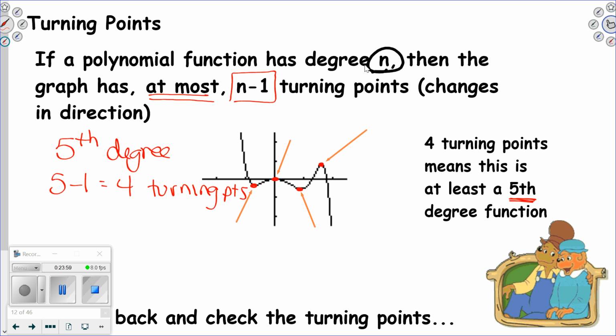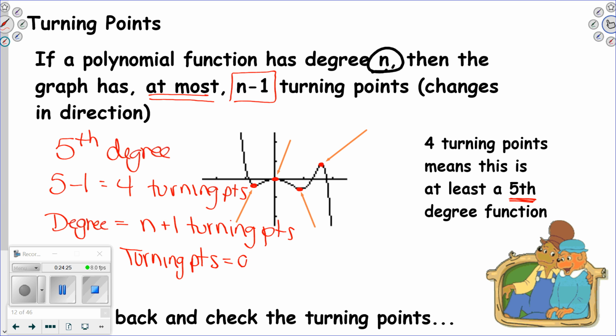So we can think of it 2 different ways. If I know the degree, it's just n minus 1 for turning points. To get back to the degree, it'd be the number of turning points plus 1. Depending on what I give you: if I give you the graph, count how many turning points there are, add 1 to that, and that's the degree.